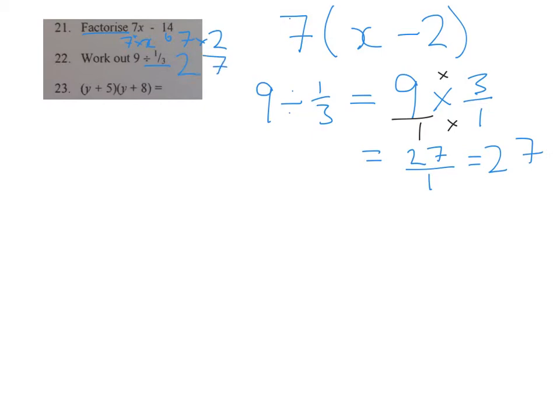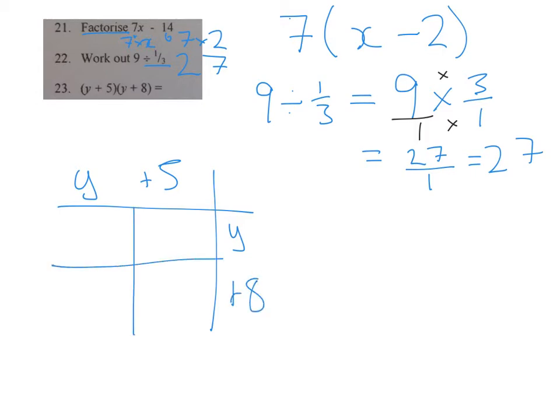This is not really a foundation question anymore. It used to be, but not anymore. I'll go through it very quickly. It's multiplying, so it's y plus 5, y plus 8. 5 times y is 5y. y times y is y squared. y times 8 is 8y. 5 times 8 is 40.